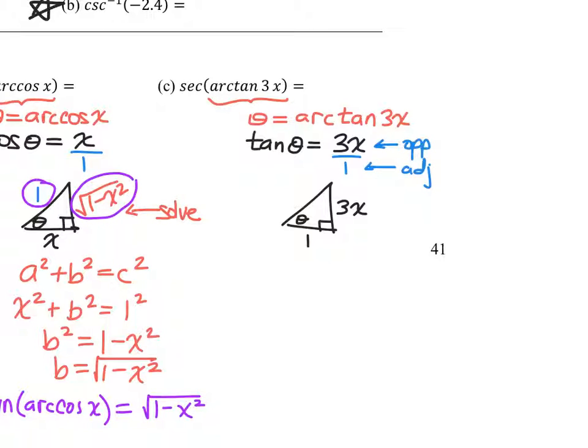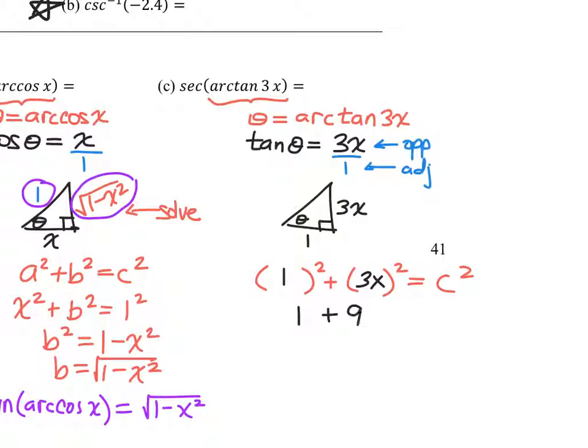All right. So same idea, Pythagorean theorem. a squared plus b squared equals c squared. So 1 squared plus 3x squared is equal to c squared.